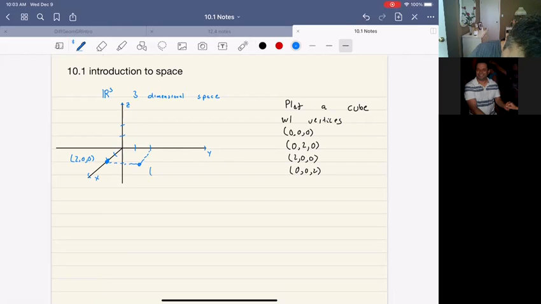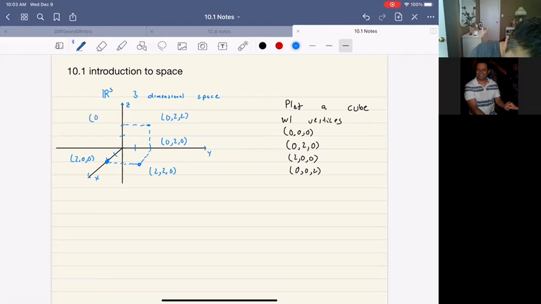So this point here is 2, 2, comma 0. So this is 2 out in X, 2 out in Y. This point here is 0, 2, comma 0. This point up here is 0, 2, comma 2.